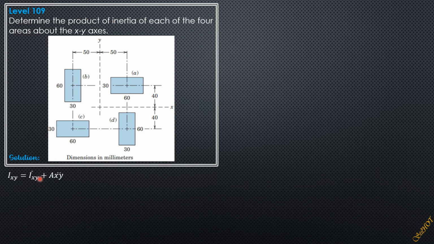Then for the first rectangle A, Ixy equals 0 plus 60 times 30, x bar is 50, y bar is positive 40.